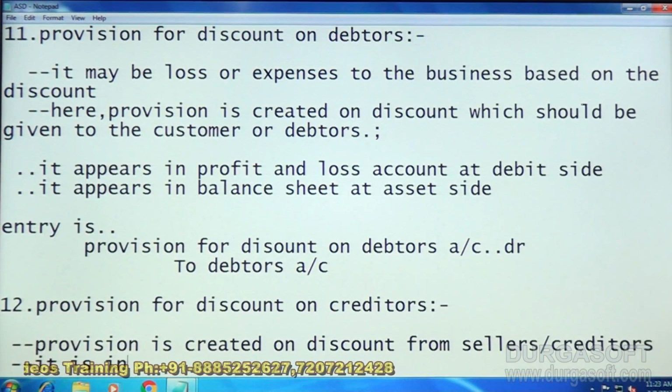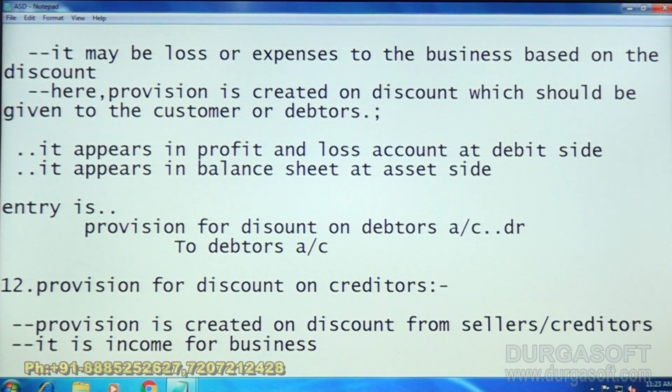It is income for the business. For us it is income only, if we receive any discount.